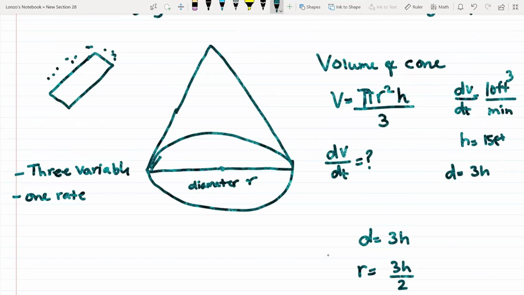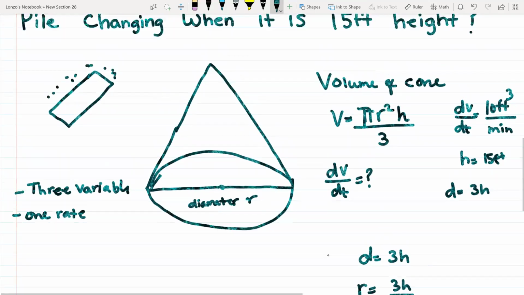Why would I do that? Well, when you add more sand to this cone, what changes? The height. The height isn't going to be constant. When you put more sand, it just gets a little bit taller.